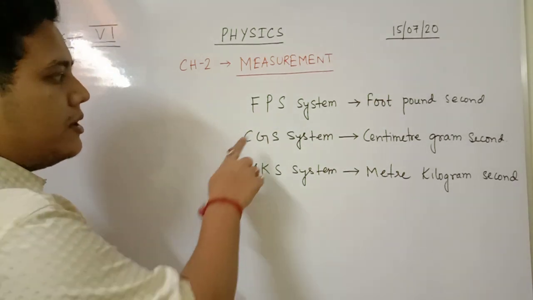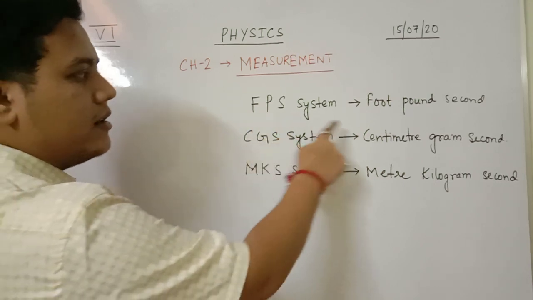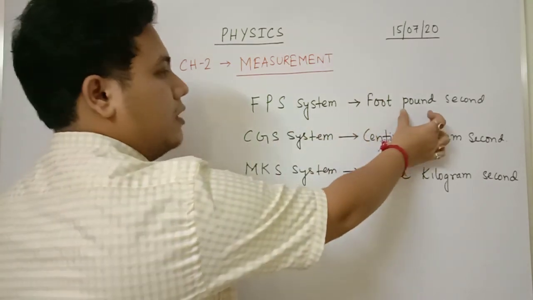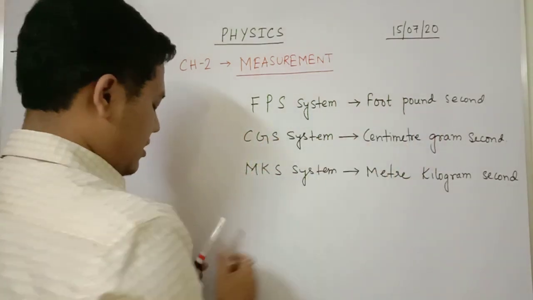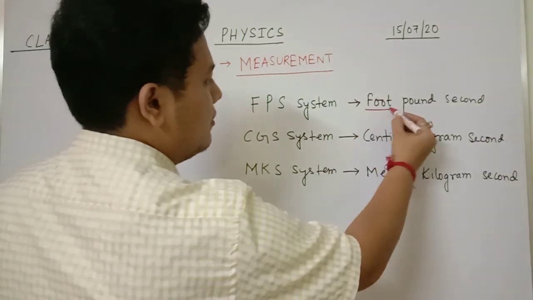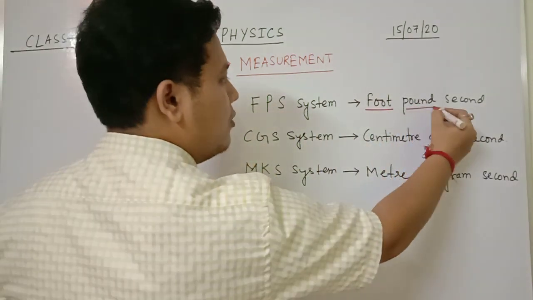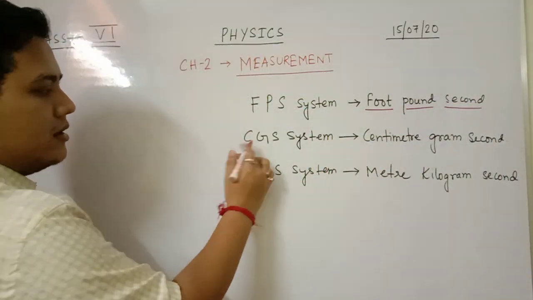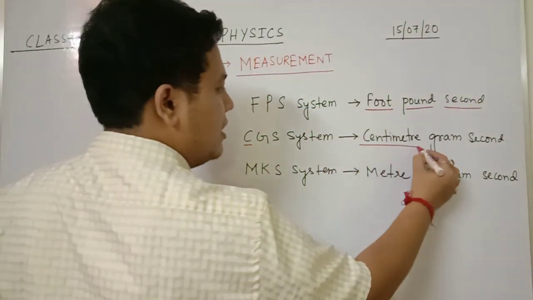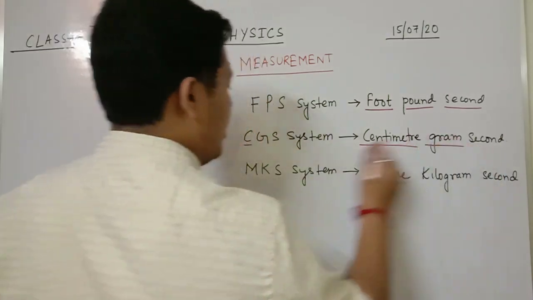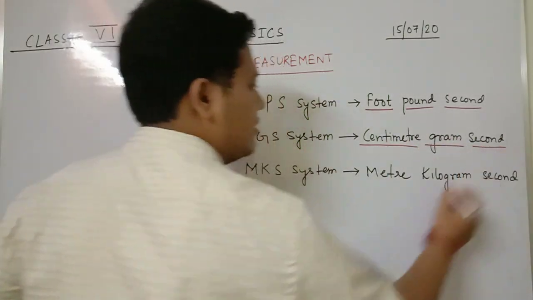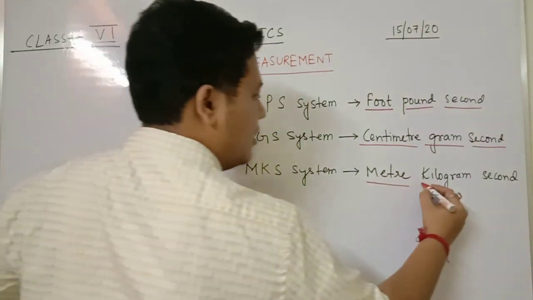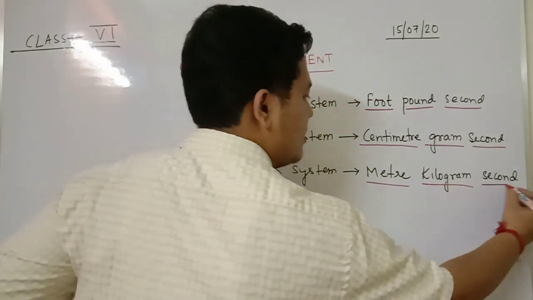You can easily see that FPS stands for foot, pound, second: F for foot, P for pound, and S for second. Similarly, here C is for centimeter, G is for gram, and S is for second. And the third one, M is for meter, K is for kilogram, and S is for second.